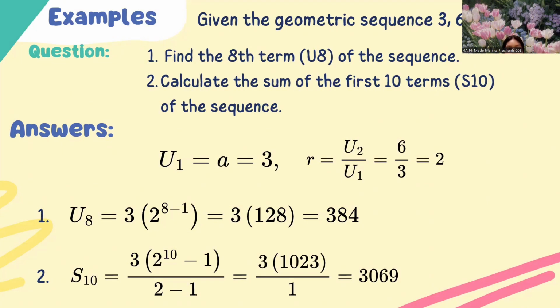To answer number 1, we use the UN formula in geometric sequence, where the UN formula is UN equals A times R to the power of n minus 1. So we substitute the value and evaluate, so we get U8 is 384.